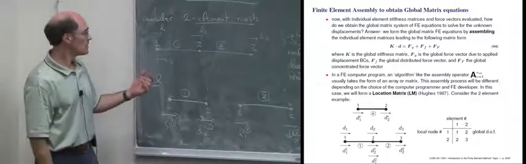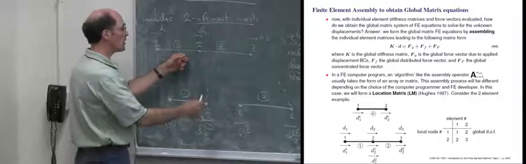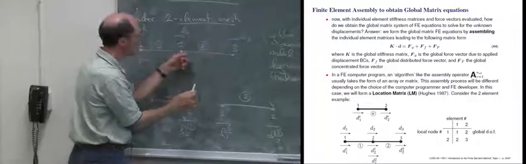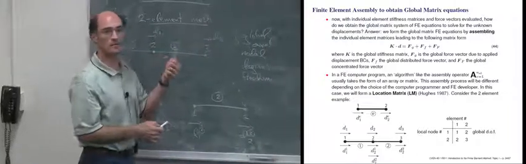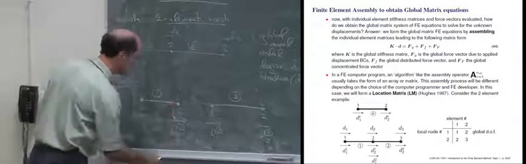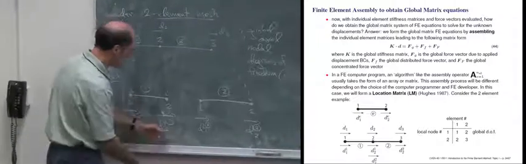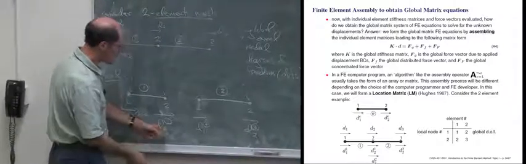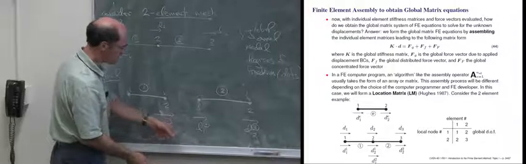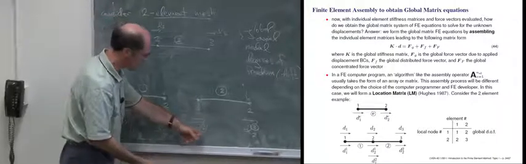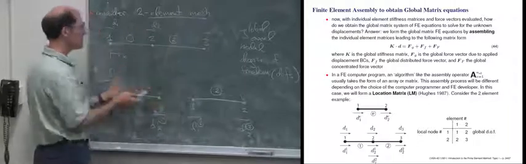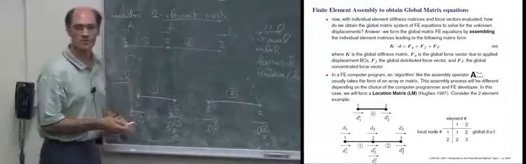Okay? So elements 1 and element 2 share a node, so they share a degree of freedom. Okay? And so it turns out that, as you'll see in a moment, this local degree of freedom 2 of element 1 is the same as local degree of freedom 1 of element 2, called, in so many words, D2.